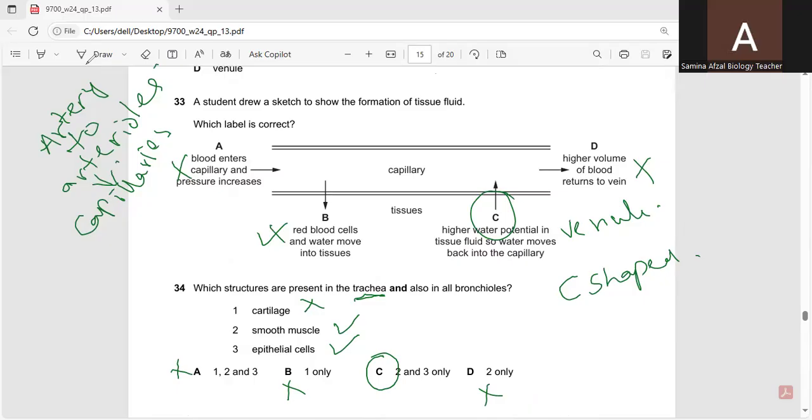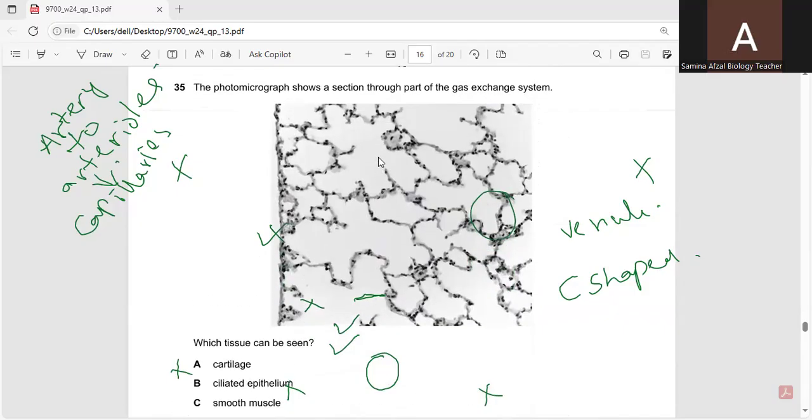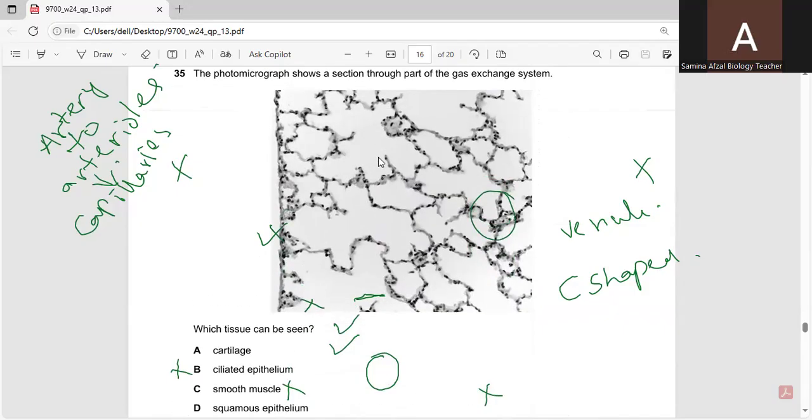Now we are moving towards the next question. The photomicrograph shows a section through a part of the gas exchange system.